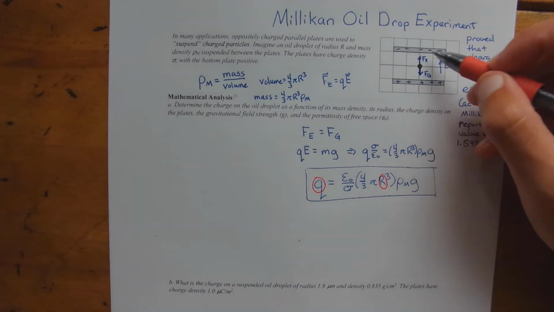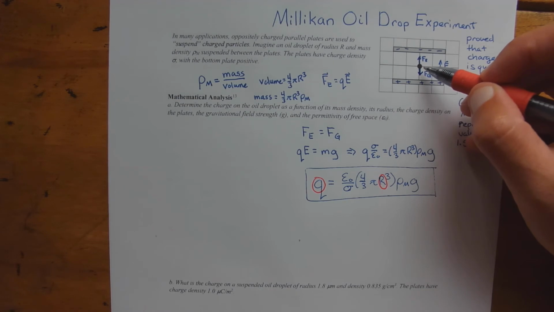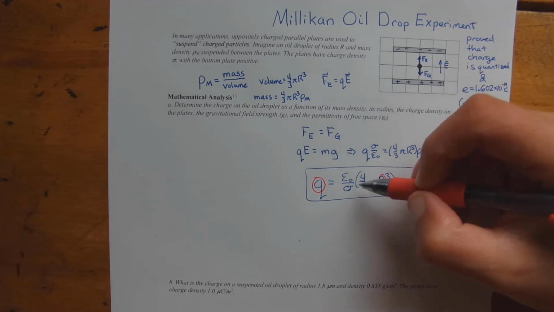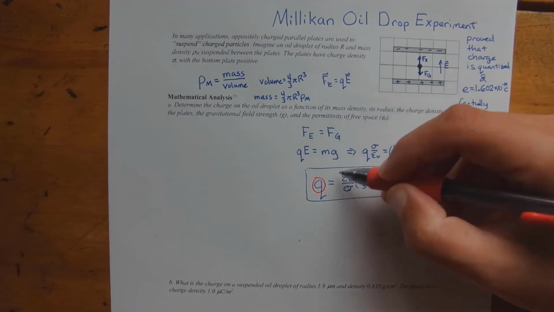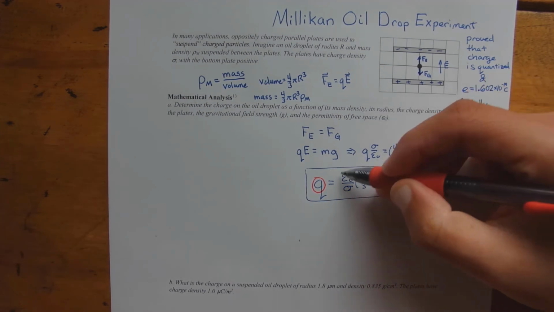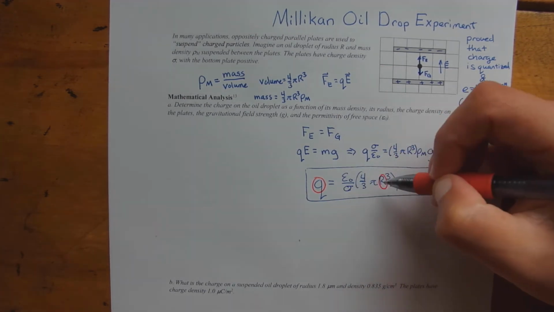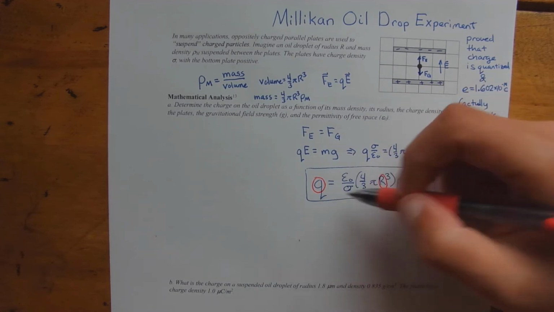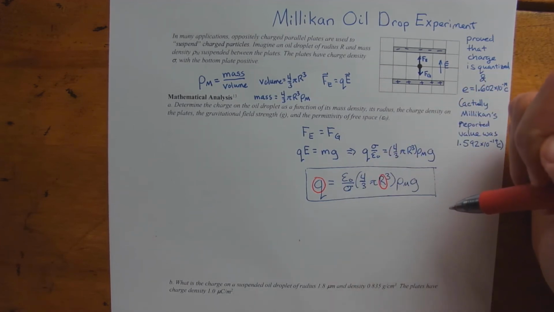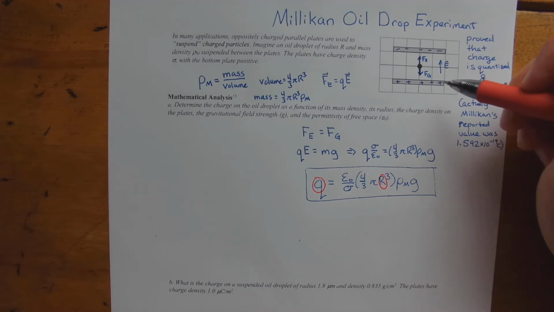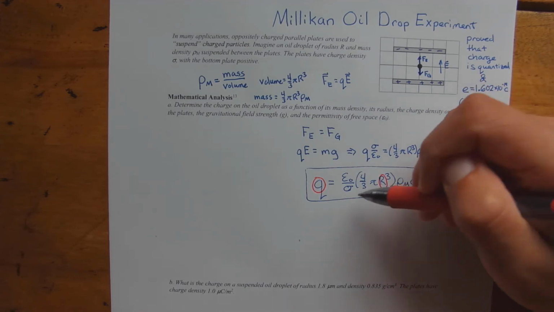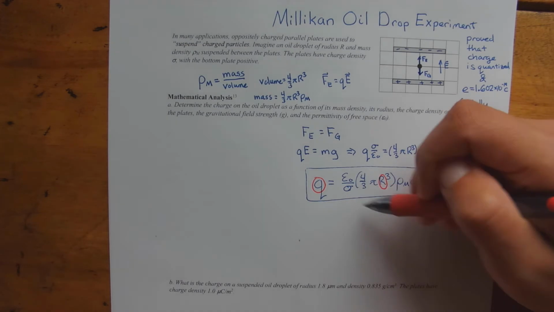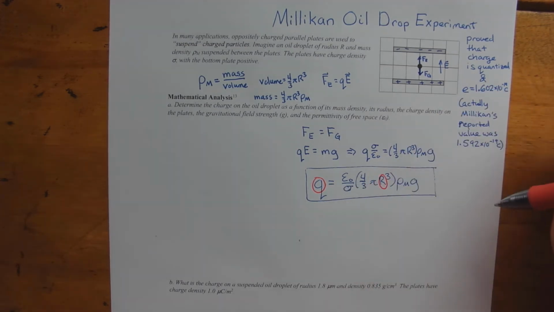So you can change the charge density to suspend that oil droplet, and when this oil droplet is suspended, this is true, and you can plug everything in here, your charge density and your radius and all these other things that don't change to get the charge. Then you could pick a different oil droplet, which might be suspended at a different value of sigma, plug everything in here and get that charge.